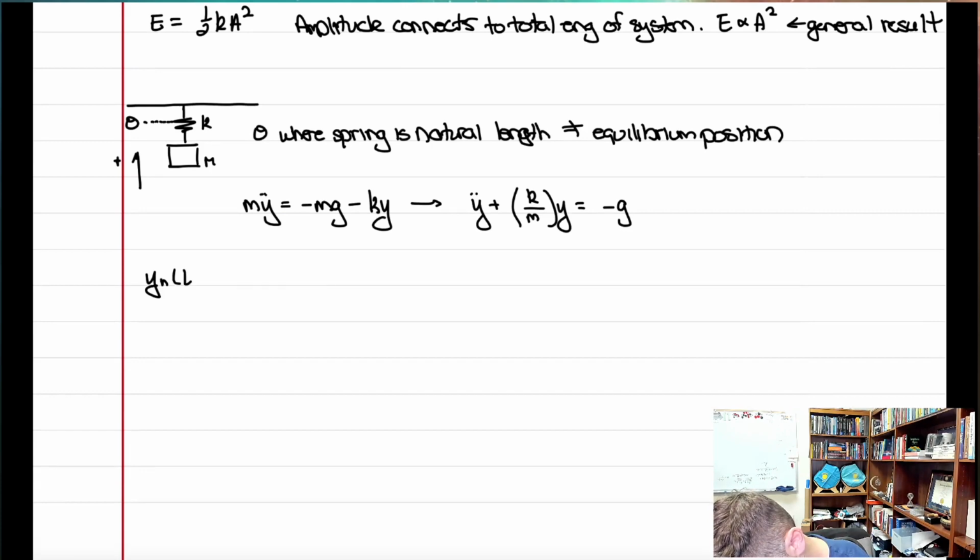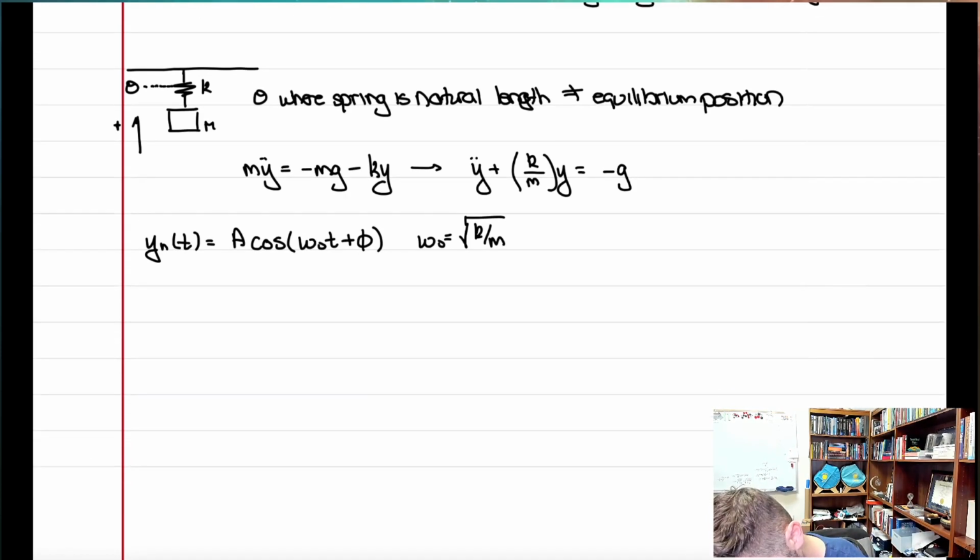The homogeneous solution, again, it's the same simple harmonic motion equation, so I expect it to be cosine of omega naught t plus phi, where again omega naught is the square root of k over m.